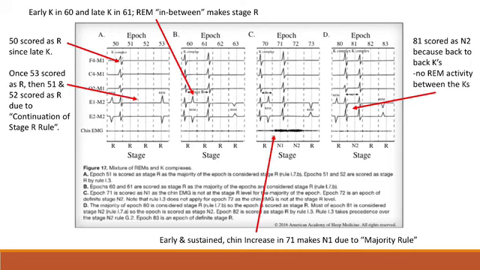So here's another scenario. Epoch 50 is scored as R since the late K. Epoch 53 is scored as stage R. Then 51 and 52 can be scored as R because of that.